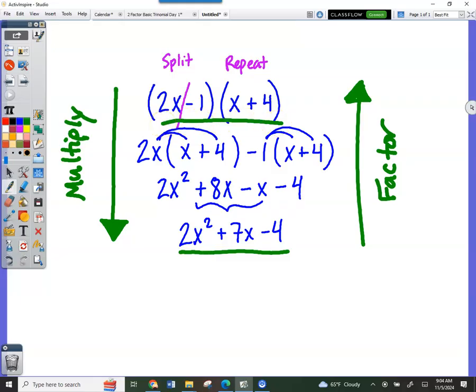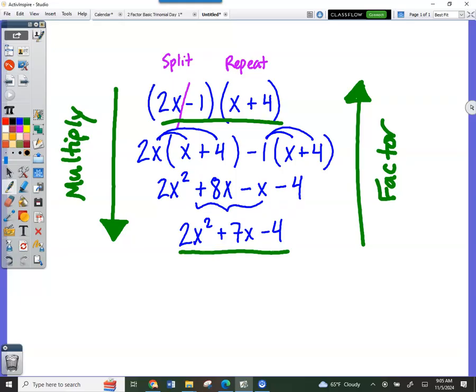You with me? Do you see it? The roadmap? So this was last week, multiplying it out. This is this week: taking it in trinomial form and factoring it into two binomials that, if they multiplied together, would give me that trinomial. So there's your game plan.